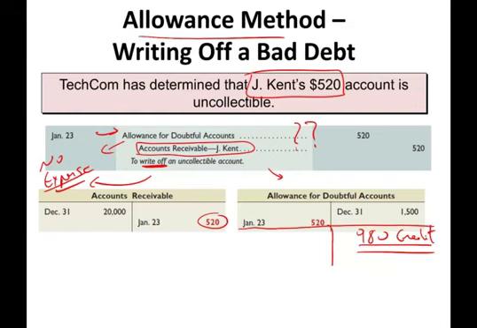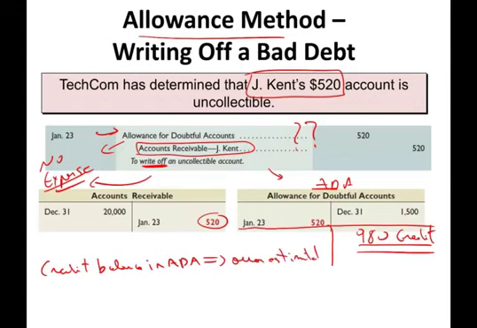A credit balance in ADA, the allowance for doubtful accounts, means we overestimated. In the prior year, we thought $1,500 would go uncollectible. We were only unable to collect $520. Therefore, we have a remaining balance of $980. Well, what does it mean if we end up with a debit balance?